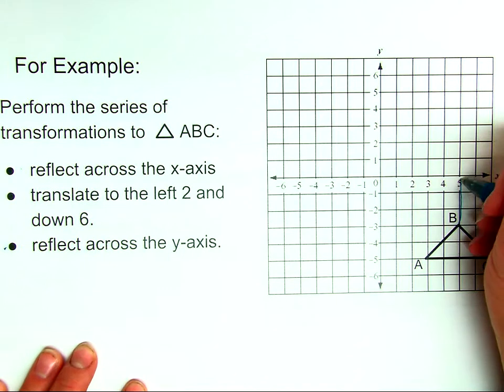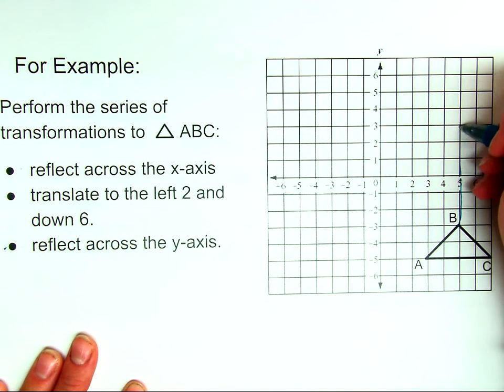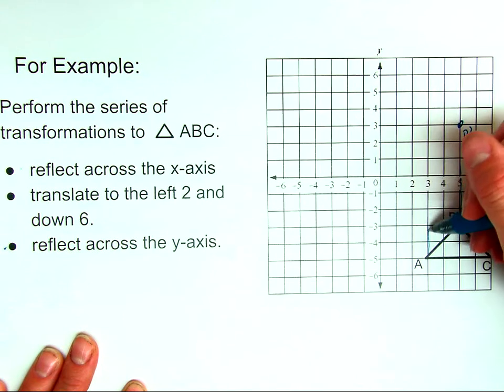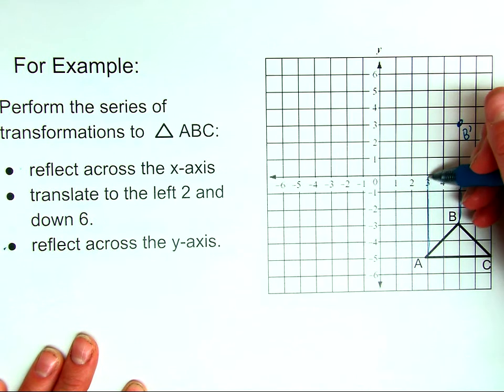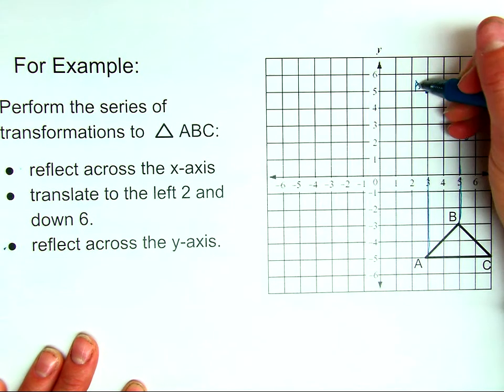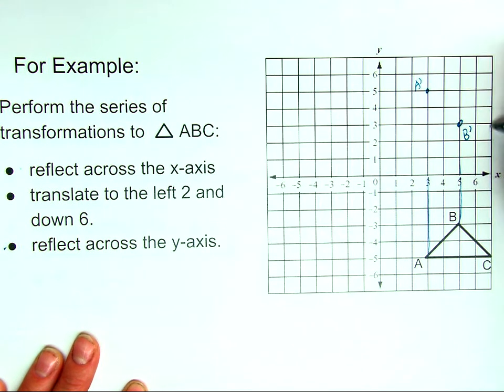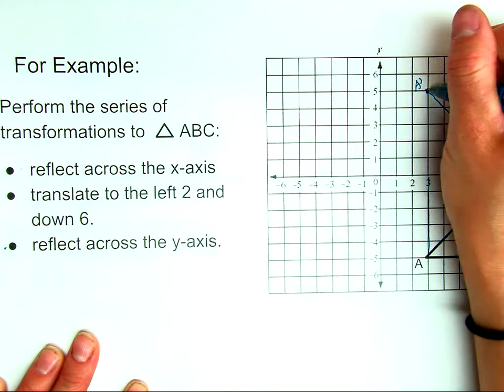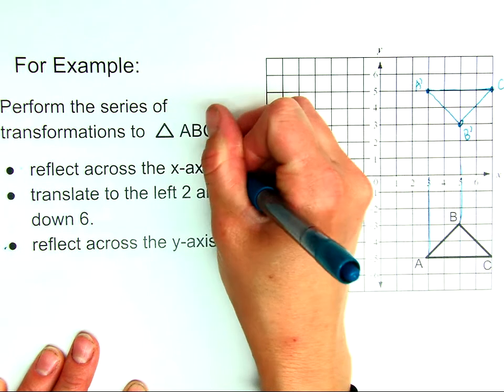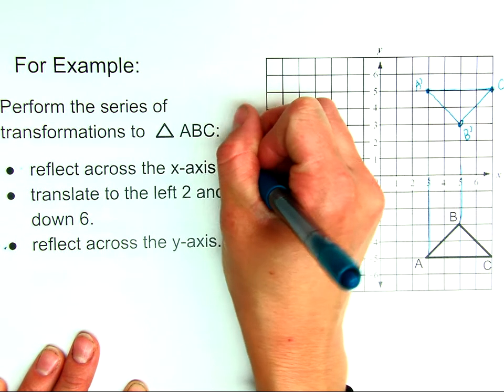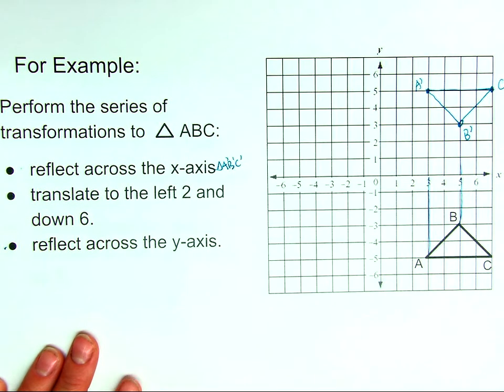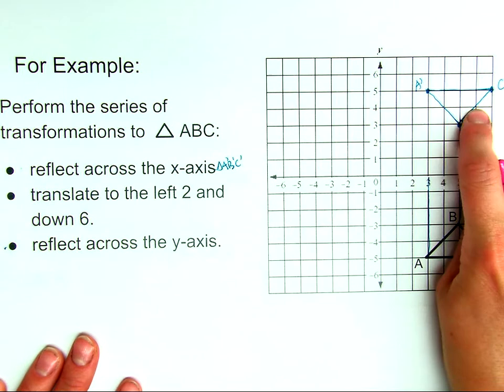So this B comes up 3, so across the x-axis, this becomes my B prime. A is 5, A prime, C is 5, C prime. So these were A, B, C primes after that first one. Okay, second one, we are going from this first prime image.